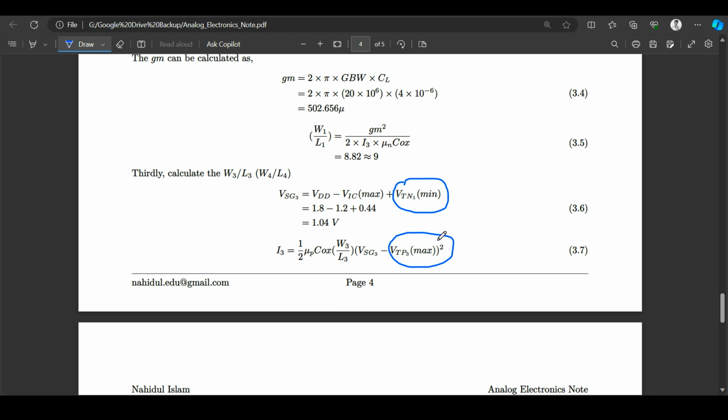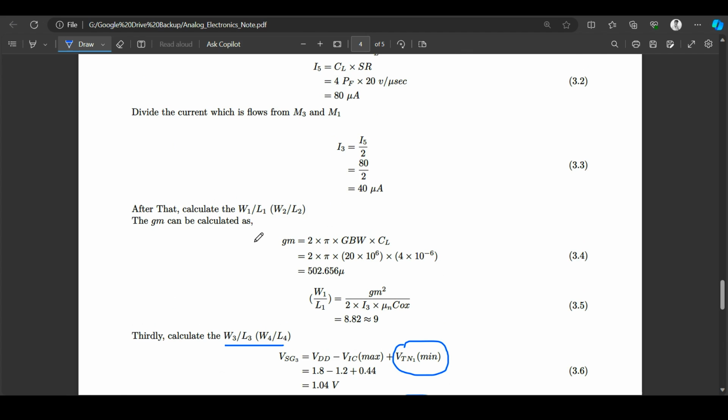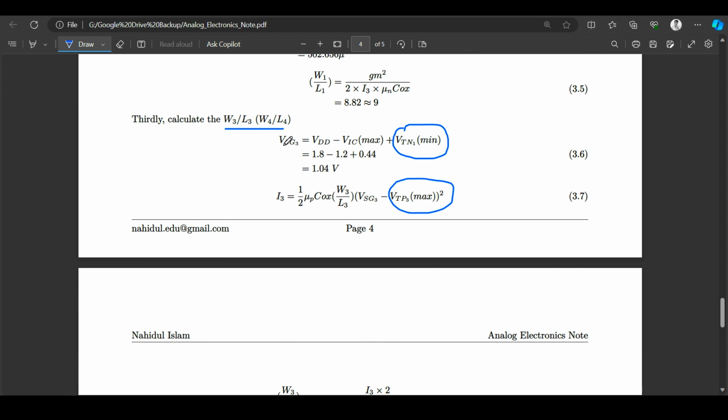After getting the minimum threshold for the NMOS and the maximum threshold for the PMOS, I can estimate the value for the W by L of M3 and M4. I have to calculate the source to gate voltage, where I have to subtract VDD from ICMR maximum, then add the minimum threshold voltage for the NMOS.